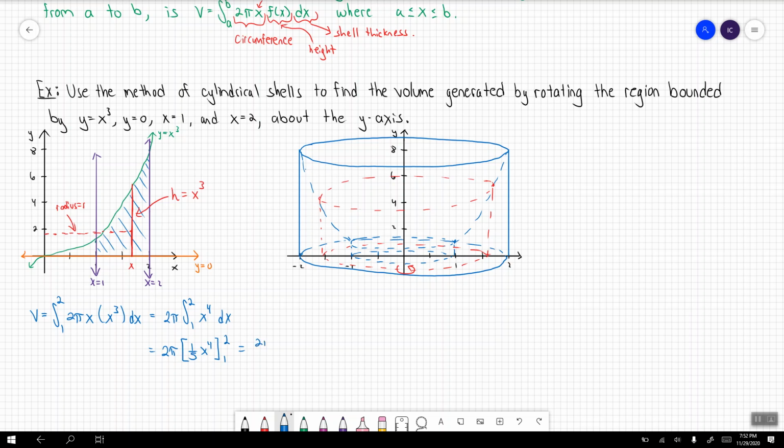I'm going to factor that out, so we get 2 pi divided by 5, and I can just evaluate x to the 5th from 1 to 2. Oh, I'm sorry, I meant to the 5th.